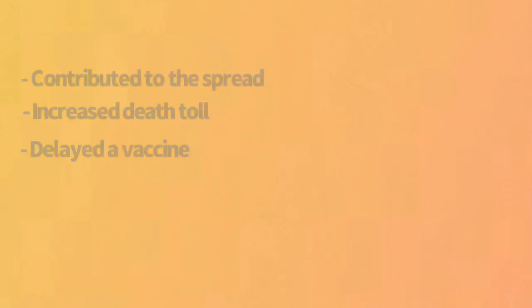Miscommunication blurs the origination of the Spanish flu. It also greatly contributed to its name. Lack of communication allowed the Spanish flu to spread so easily. Hindered lockdowns increased the death toll. Finally, miscommunication delayed a vaccine until nearly 20 years after the outbreak.